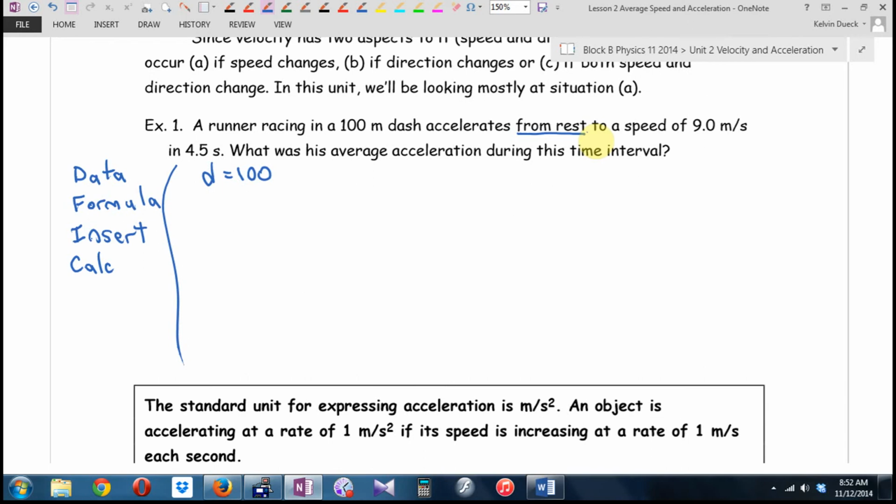What are the units next to the 9? Meters per second. Is that an acceleration? Is that a time? What is that? It's a speed? Initial speed or final speed? Read the question.